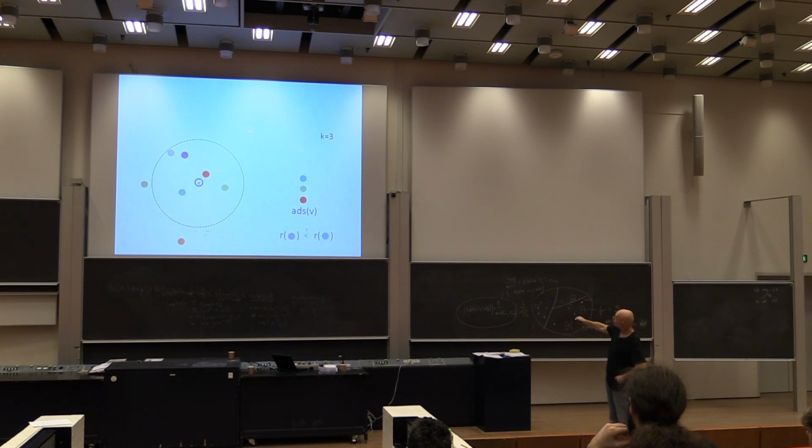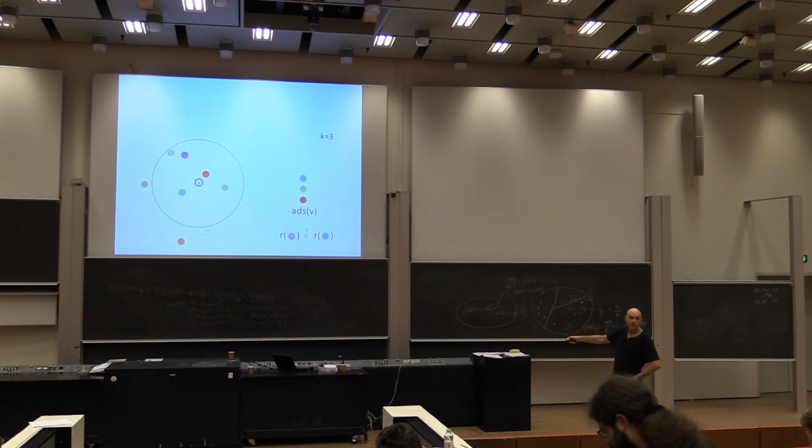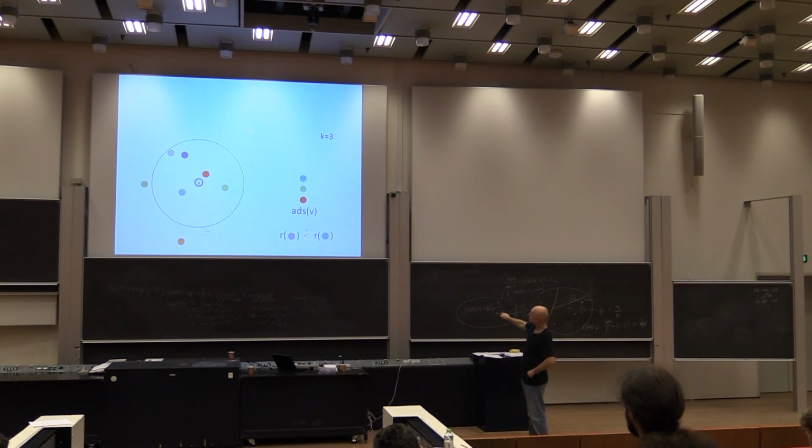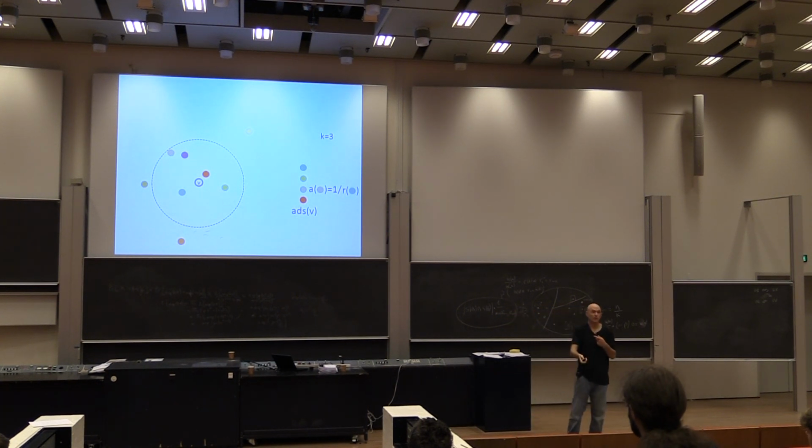And now I can give it an adjusted weight. Because if you fix everything except the rank of this guy, you know that it would get into the sketch exactly if this predicate succeeded. It would succeed with probability exactly this probability. Right? So you can give it an adjusted weight, which is 1 over the rank of the guy that it competed with.